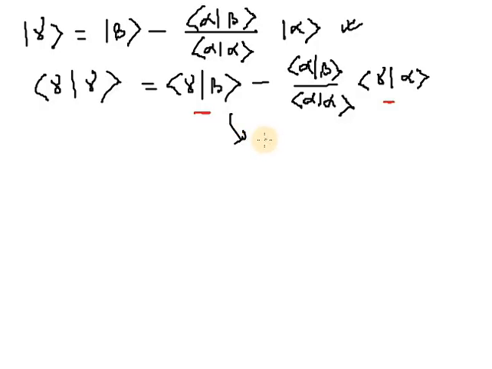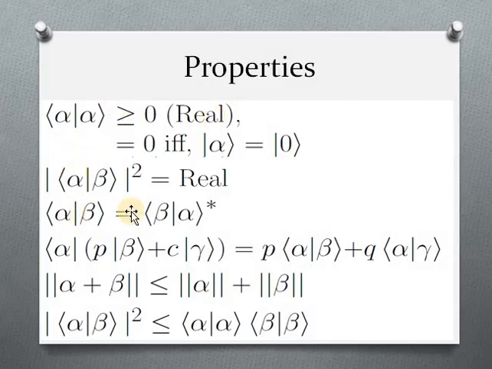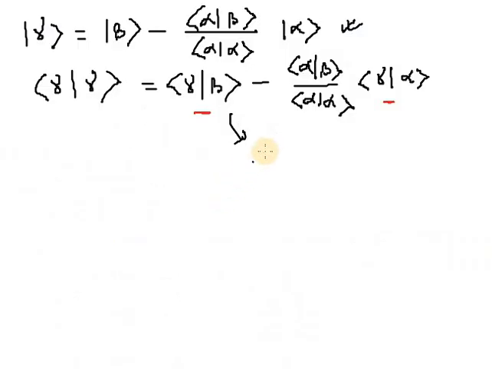As we have seen from the third property, <gamma|beta> would be the complex conjugate of <beta|gamma>. So I can calculate this quantity <beta|gamma>, and later on take a complex conjugate of it, and then I will find what this quantity is. So I am taking that route, right? So I will take <beta|gamma> and later on take a star of it.